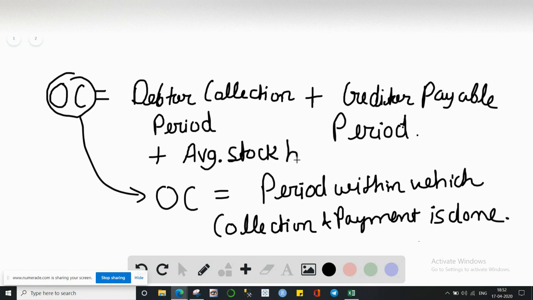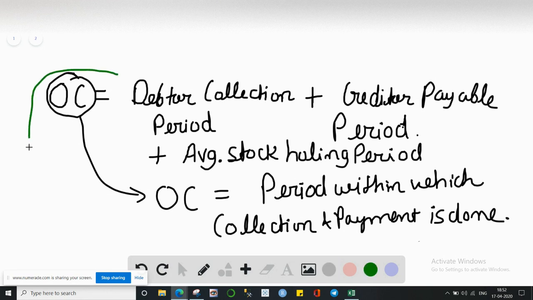Average stock holding period. Average stock holding period means how many days the entity holds its average stock throughout the year. So it is also counted in operating cycle. But as of now, for the current problem, we have our solution derived from this concept.